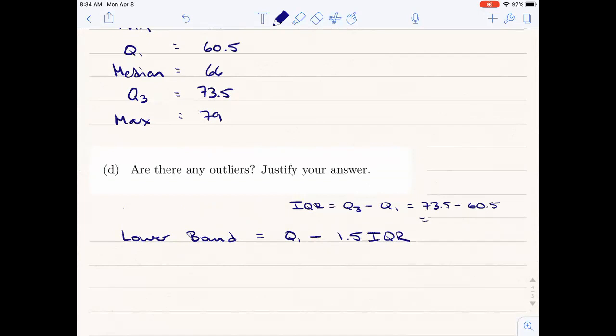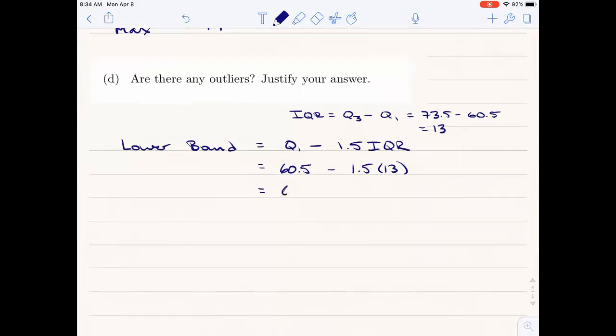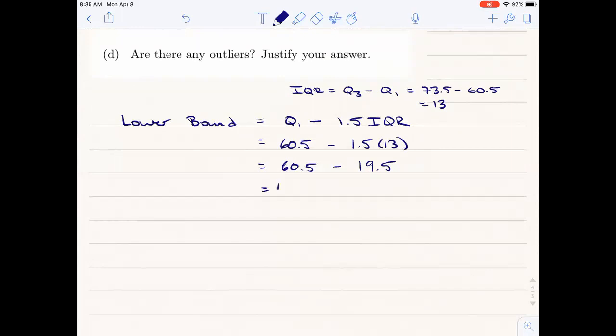It's 13. So your lower bound is Q1, which is 60.5, minus 1.5 times 13. 1.5 times 13 is 19.5, so 60.5 minus 19.5 is 41.